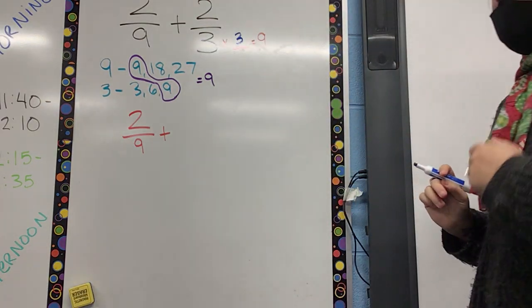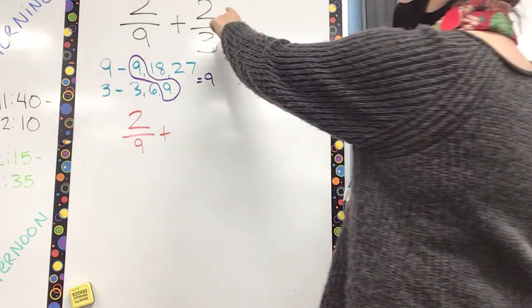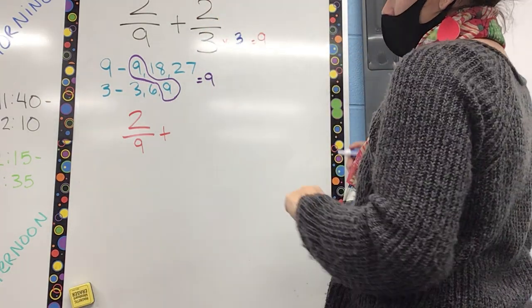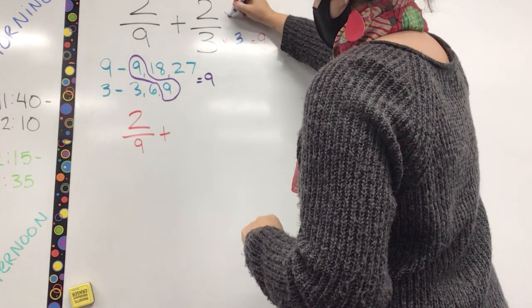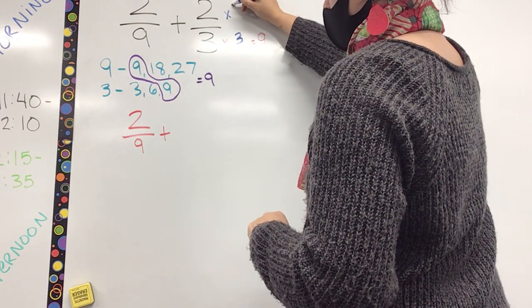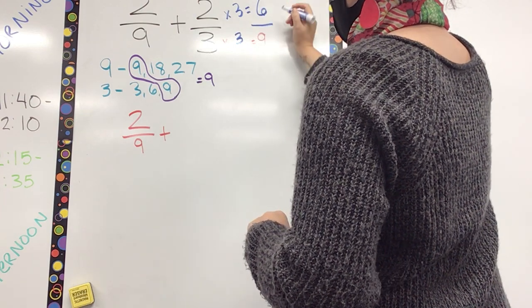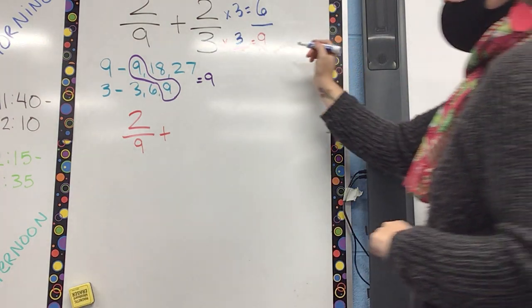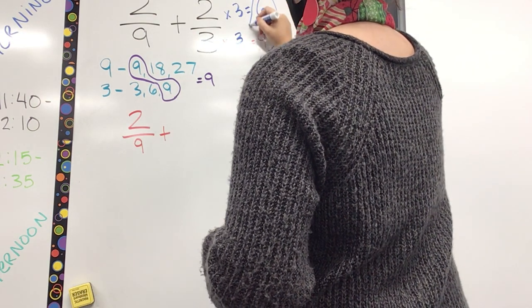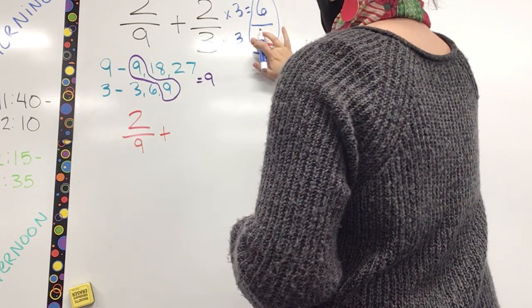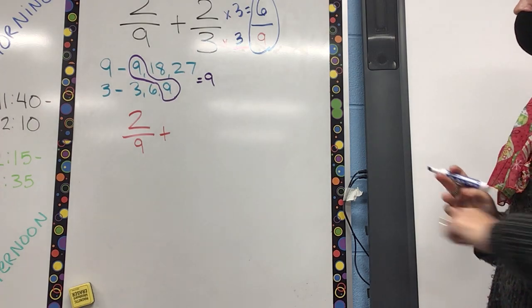Now, jealous sibling here. This 2 is jealous. What you do to the bottom, you also have to do to the top. So it also gets multiplied by what? 3. So my new fraction here is what? 6. Not just 6, but 6 ninths. Okay? So I need to rewrite it down here.